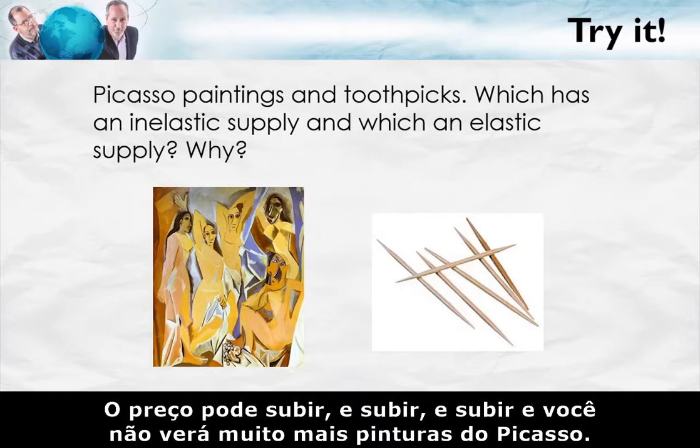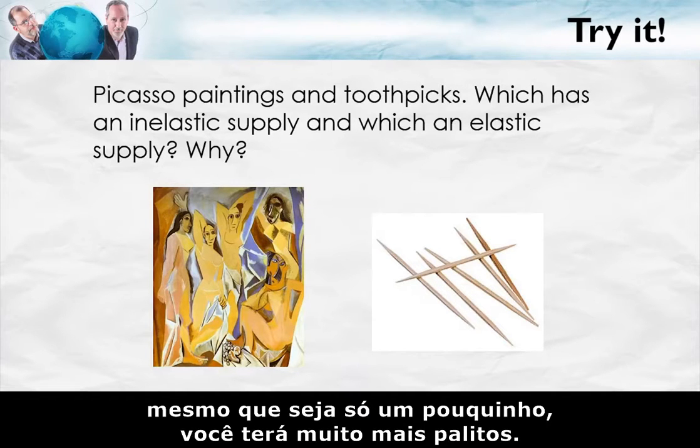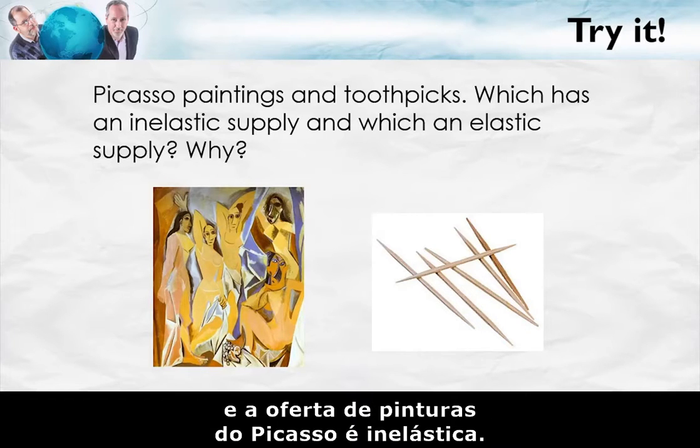The price can go up and up and up, and you're not going to get very many more Picasso paintings. Once again, on the other hand, if the price of toothpicks goes up even a little bit, you're going to get a lot more toothpicks. So the supply of toothpicks is elastic, and the supply of Picasso paintings is inelastic.